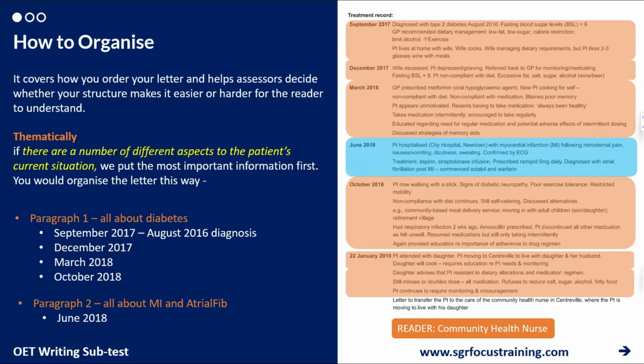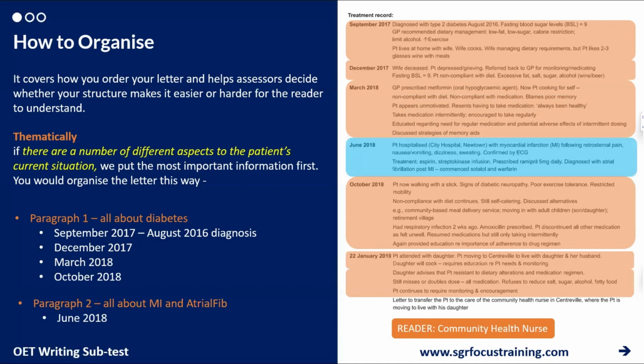So in other letters, thematic paragraphs could focus on the patient's social history, previous advice, education that they've received, relevant family history, and the impact that these have on the patient's feelings about their condition.